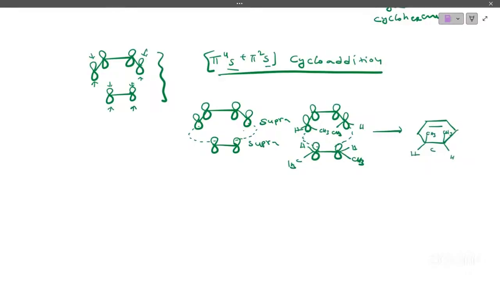The remaining positions we can also show: CH3, hydrogen, CH3 and hydrogen. Both the inside groups are moving.